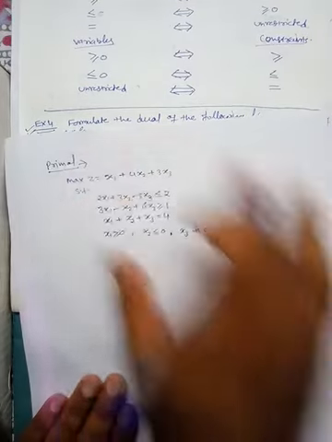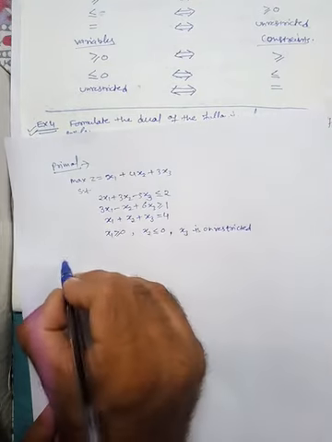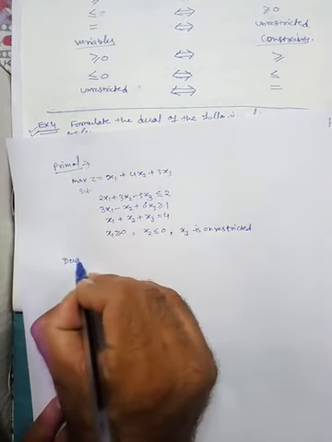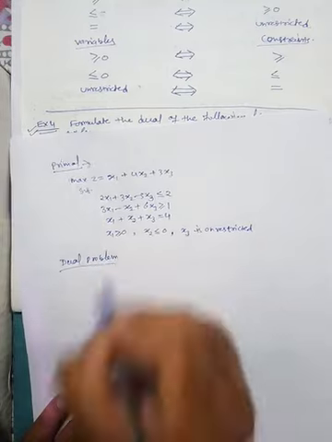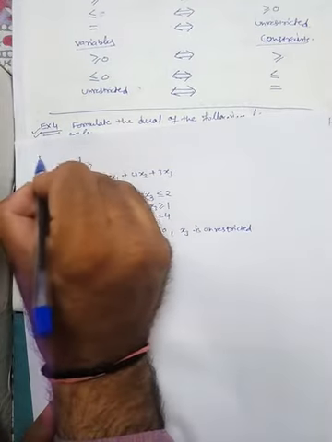Whatever the problem, this is called the primal problem. Now our task is to write down the dual problem. This is our example number 1.